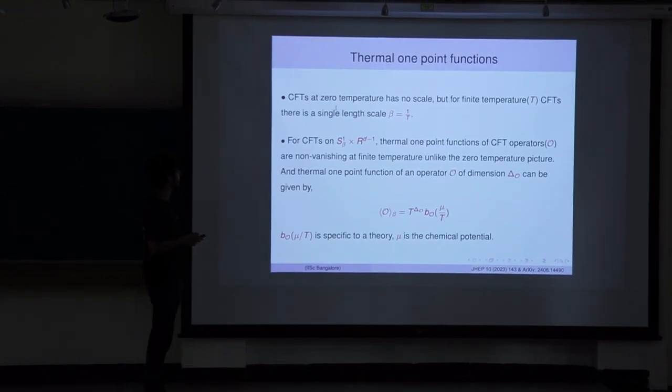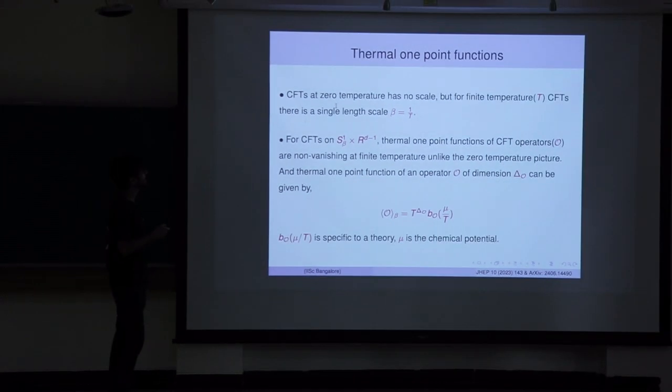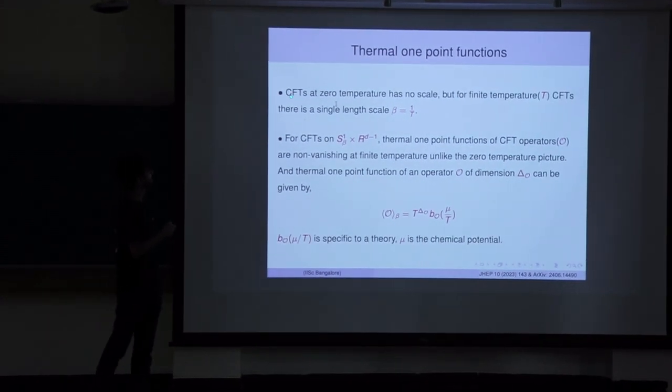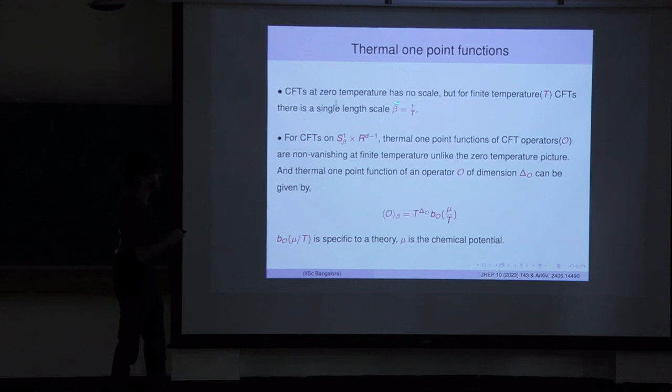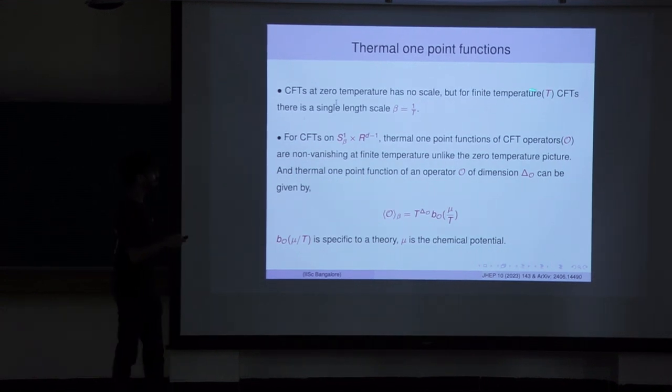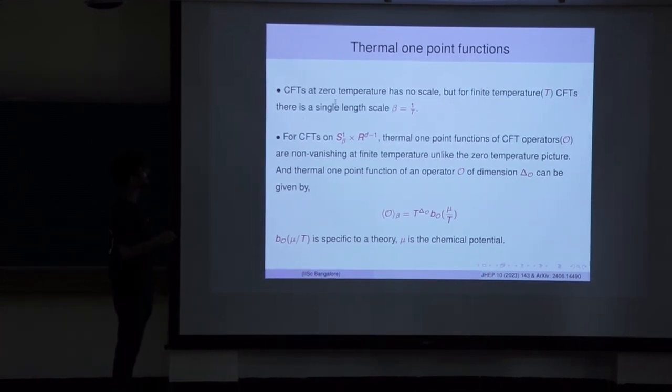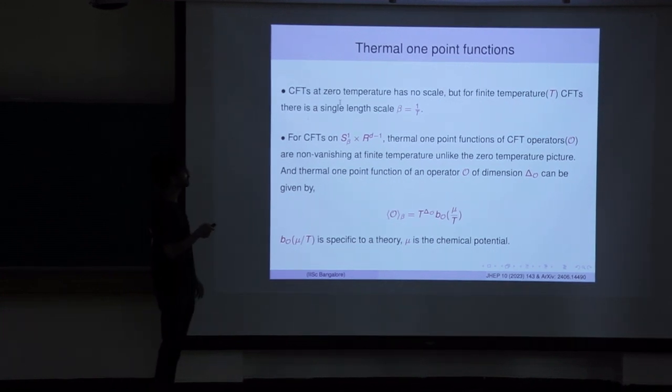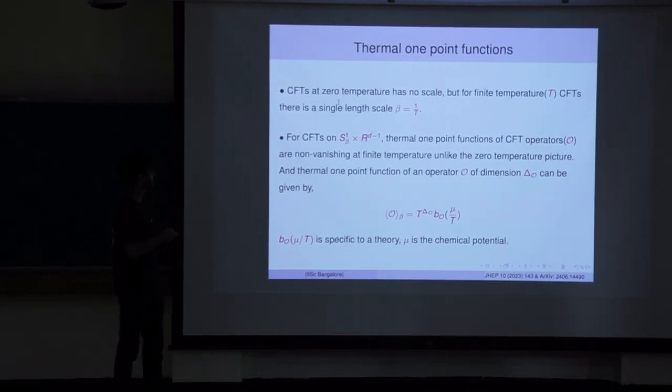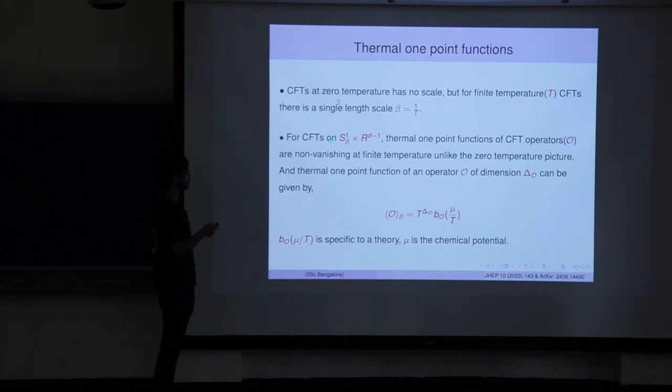I will start with a point that I think many of us know: CFTs at zero temperature are scale independent. But if you put the CFT at finite temperature, a single length scale arises, which is the inverse temperature beta. So now we consider CFTs on S1 times R^(D-1).